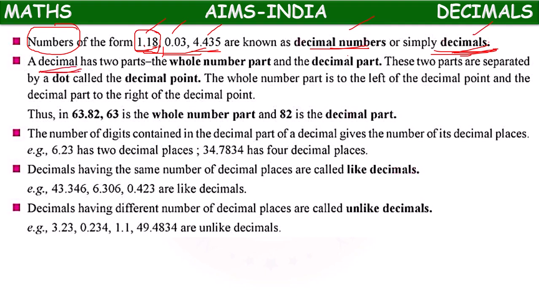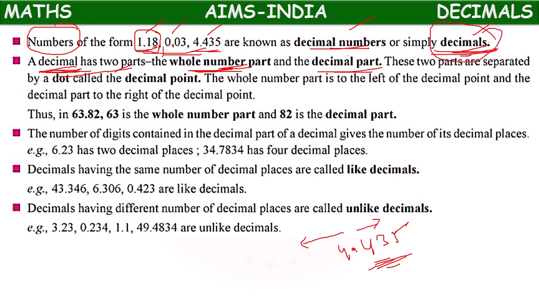Actually, a decimal has two parts. In 4.435, before the point, towards the left side, whatever part is there is known as the whole number part. Towards the right side after the point, whatever part is there is known as the decimal part. So each decimal has two parts.